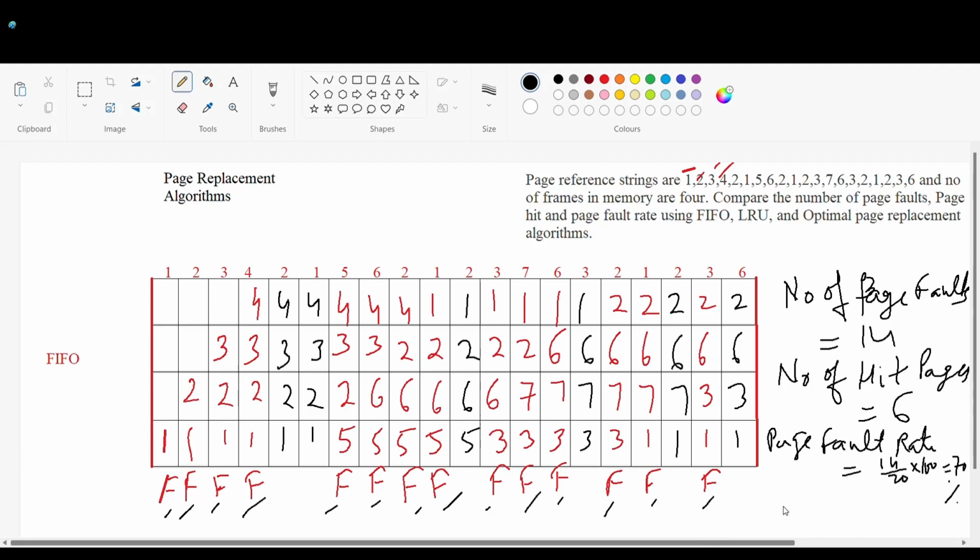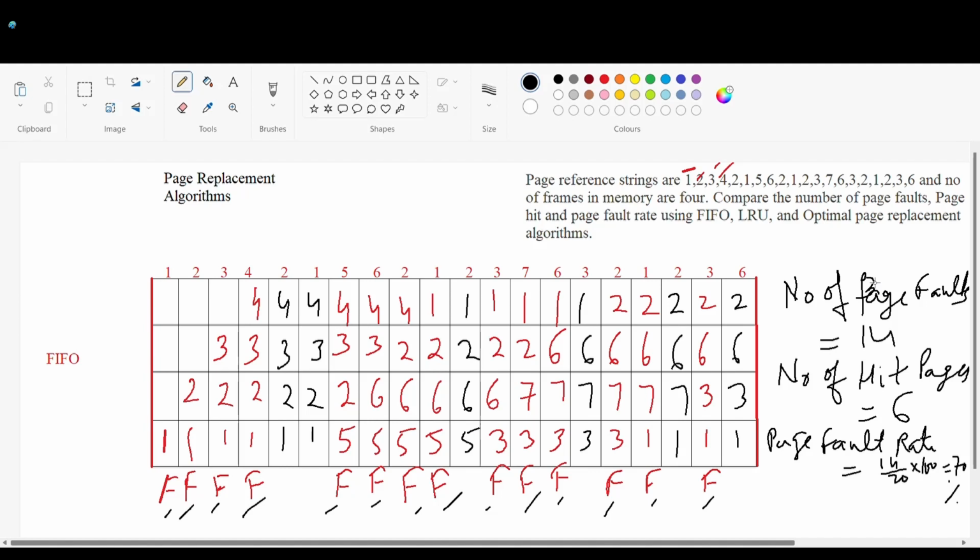Now I'm going to take the next algorithm. The next algorithm is called the optimal page replacement algorithm. In this algorithm, we will replace the page that will not be used for the longest period of time.